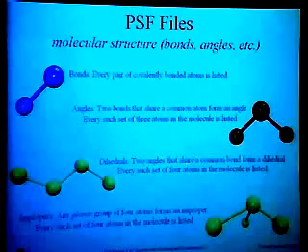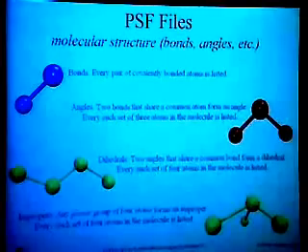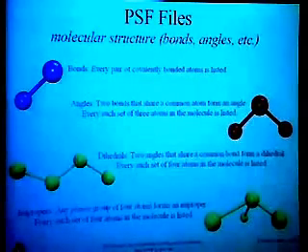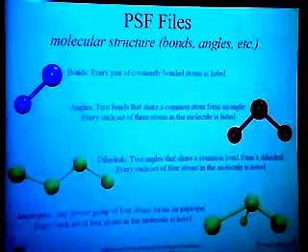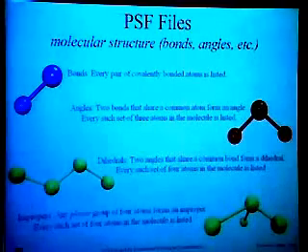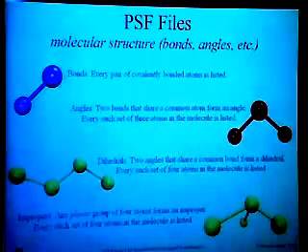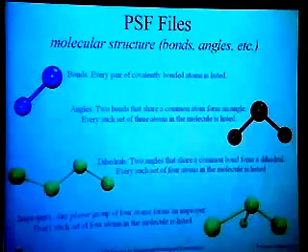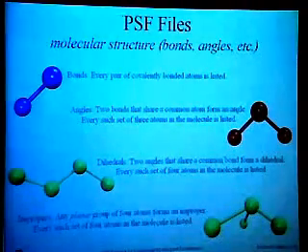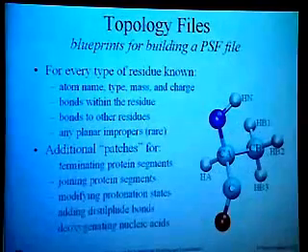Every set of 4 bonds forms a dihedral. And finally, a small number of additional terms. If you have a set of 4 atoms that form a planar group, in order to constrain that group to a plane, you need something that's called an improper. And we'll discuss that a little bit now.